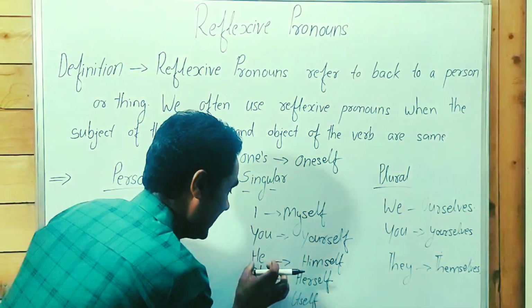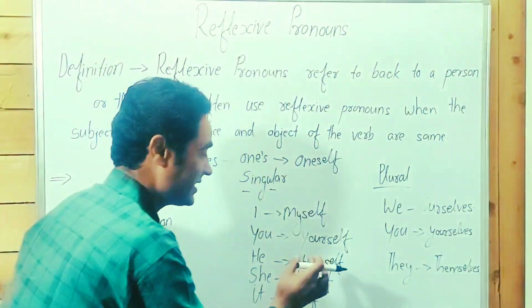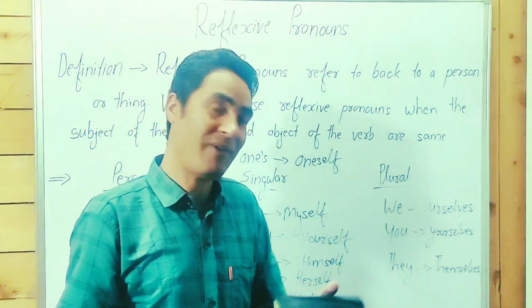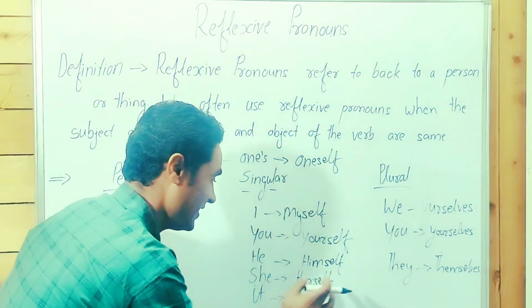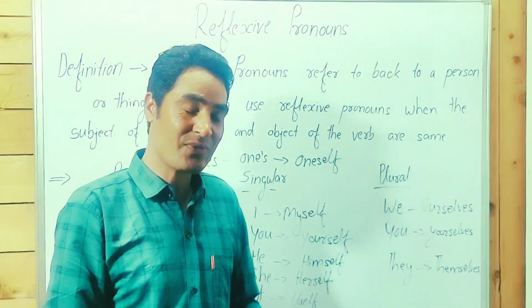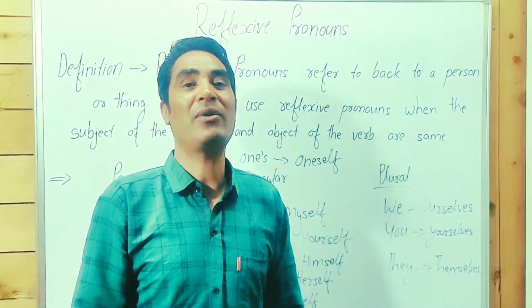Similarly, he subjective case, him objective case, his possessive case, and himself reflexive case. He, she, it. I know you know very well about it. If you have watched the previous video, you know very well about it.